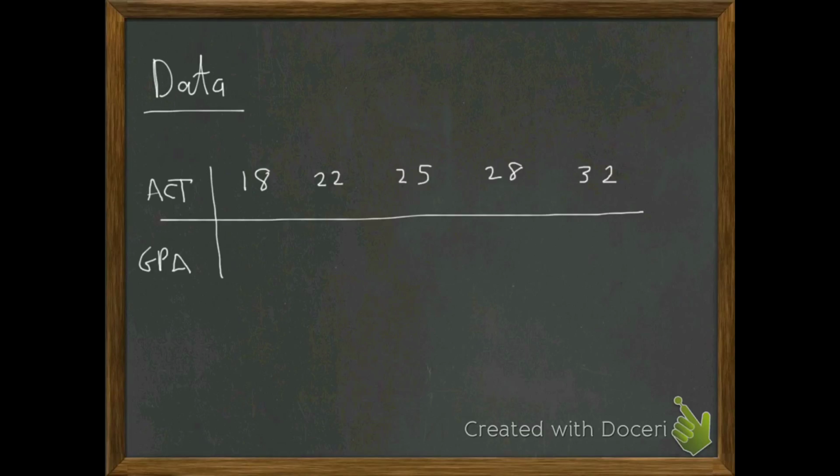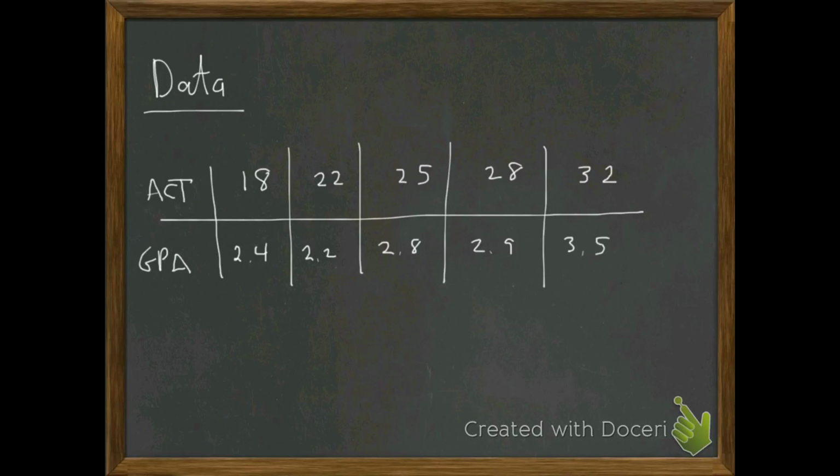Okay. And let's say the GPA for this student is 2.4. The GPA for this student was a 2.2. Let's say this student had a 2.8. We'll give it a little bit of a linear increasing. I'm not a fan of ACT scores, but here we go. We're going to use an example of that.